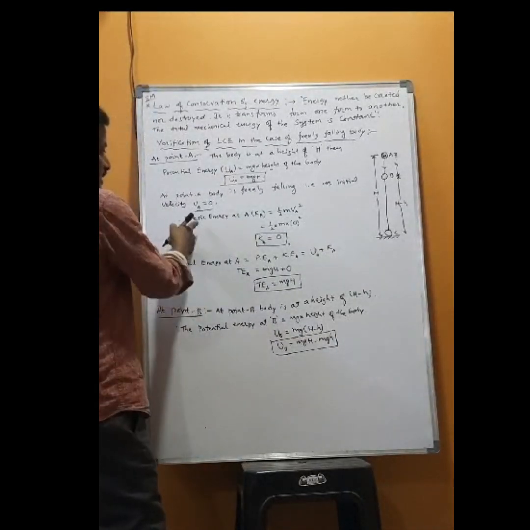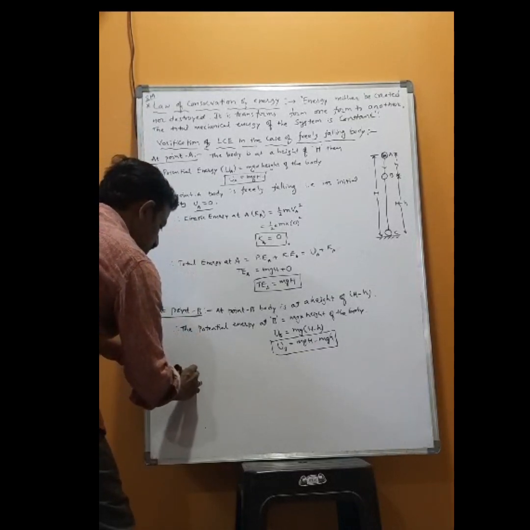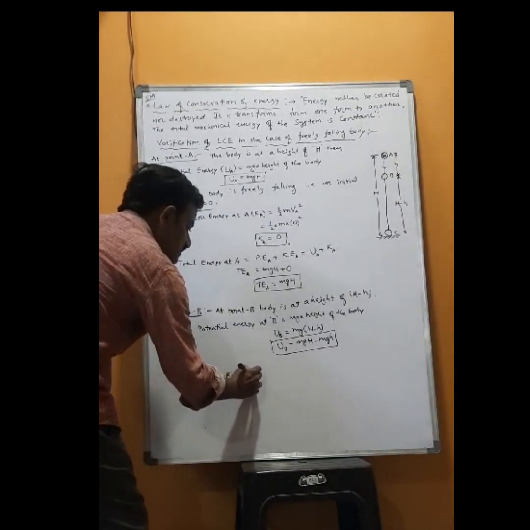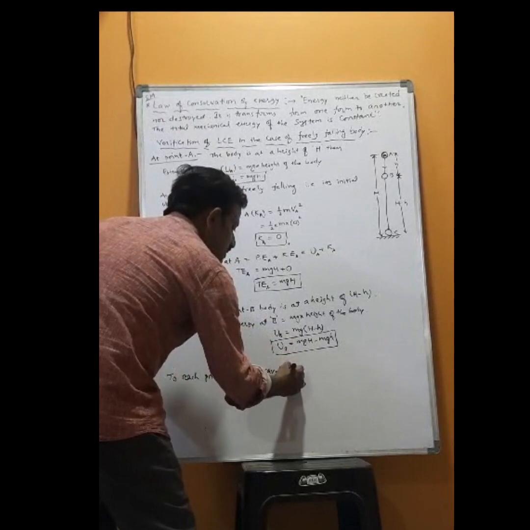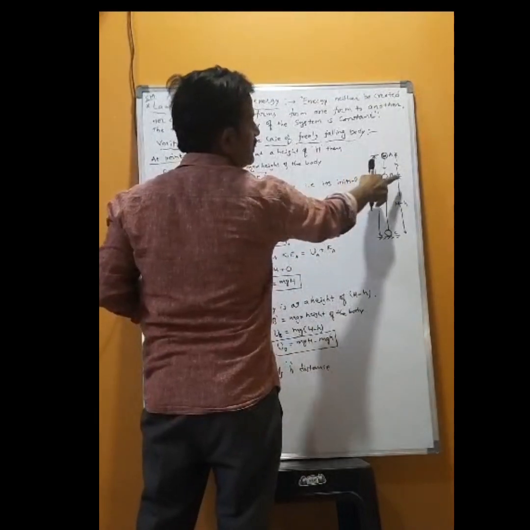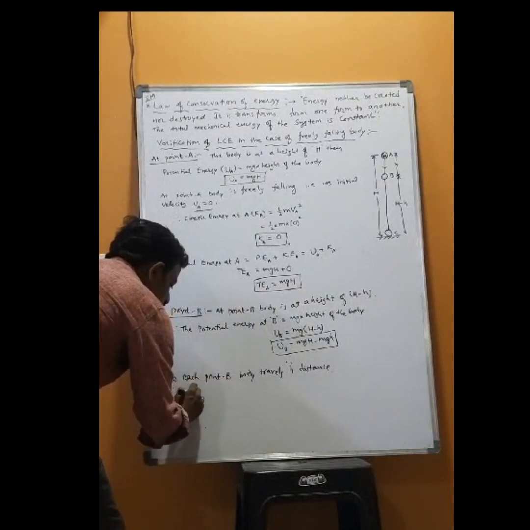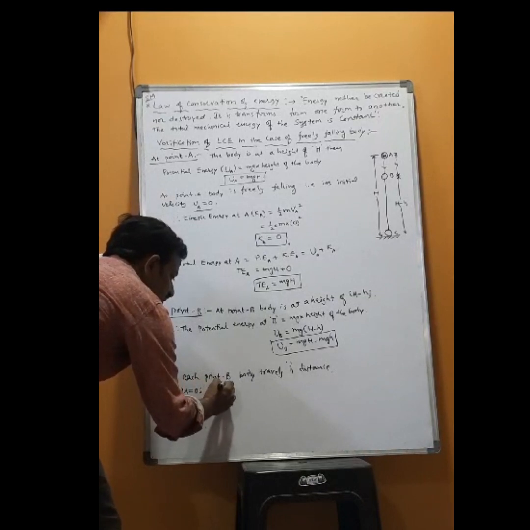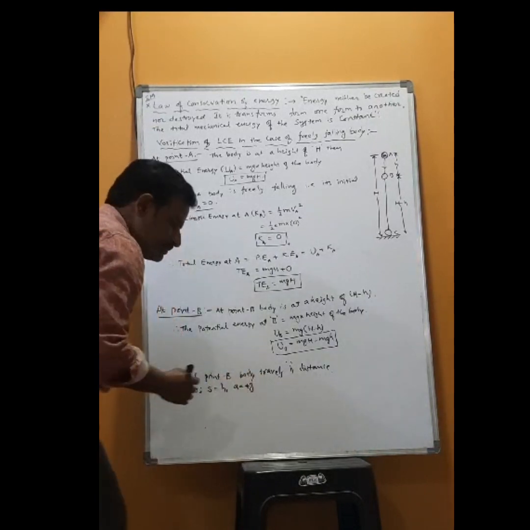Now we have to get the kinetic energy. To reach point B, the body travels a small h distance, from A to B. Therefore, initial velocity u is equal to 0, the distance traveled is h, and if it is freely falling, then its acceleration is equal to plus g.